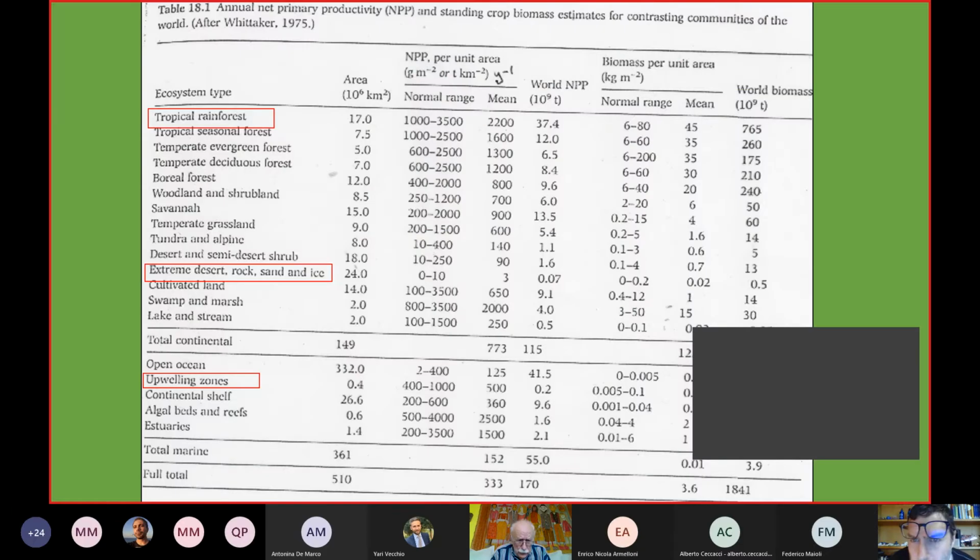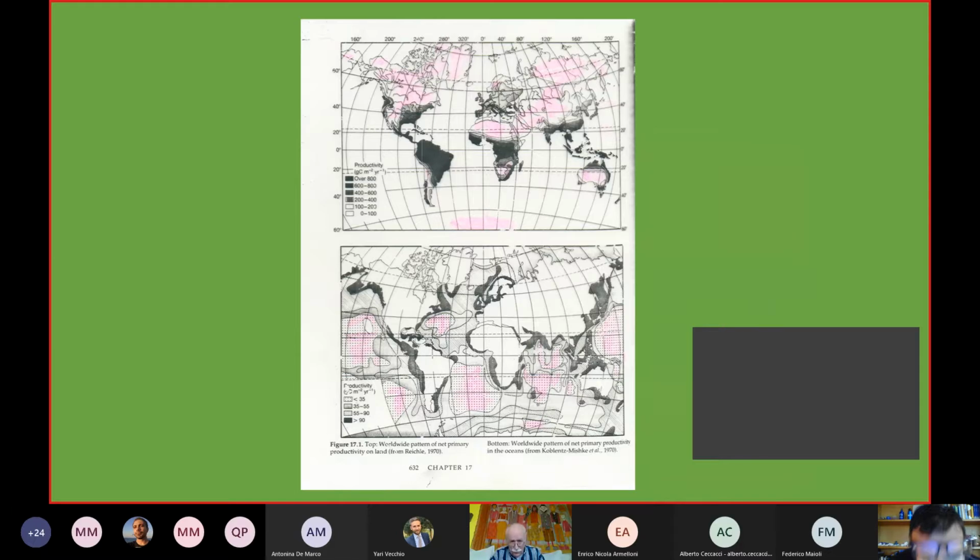Now we are moving further. You can see that I'm comparing. Sorry, if you go back to the previous slide. Okay, for sure, the photosynthesis depends on nutrients coming from land. Yes.